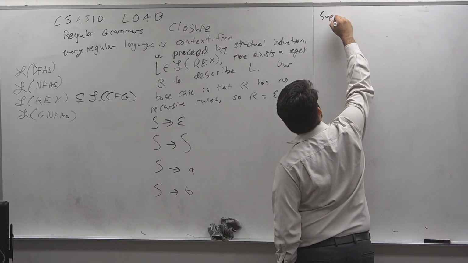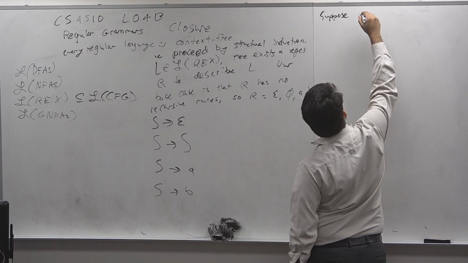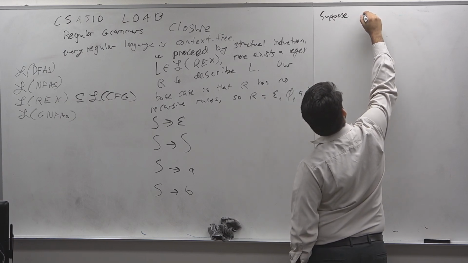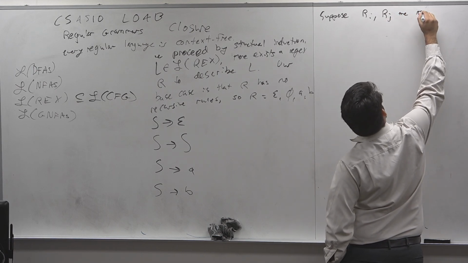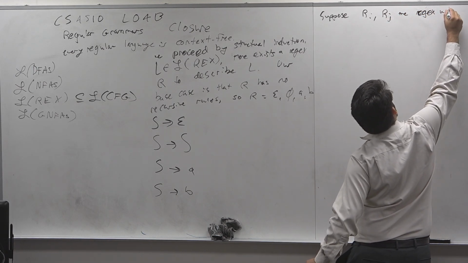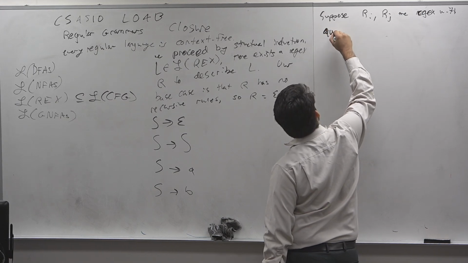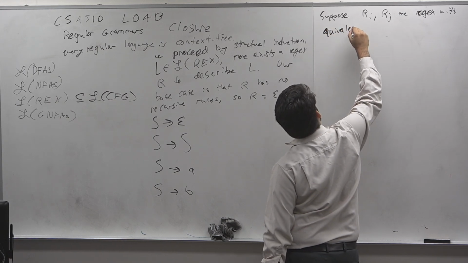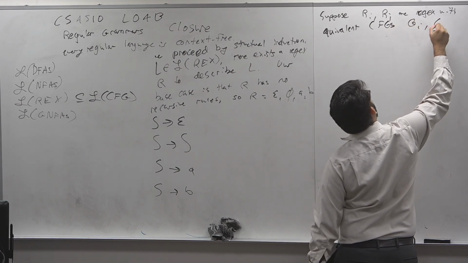Now, suppose that Ri and Rj are regular expressions with equivalent CFGs, Gi and Gj.